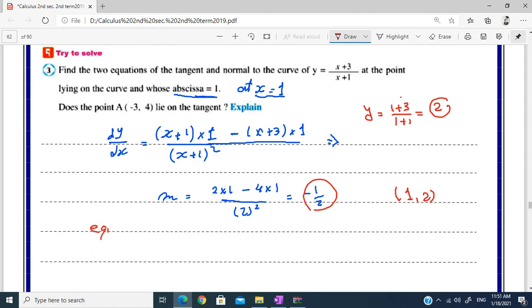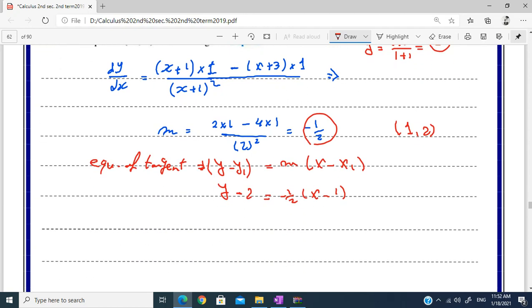So the equation of the tangent is y minus y1 equals m times x minus x1. By substitution for y1, x1 and m: y minus 2 equals negative 1/2 times x minus 1.